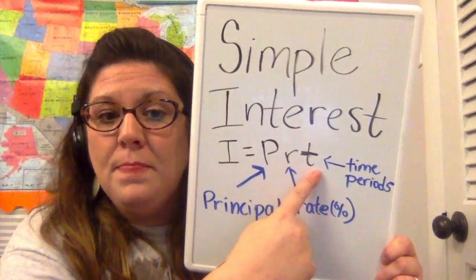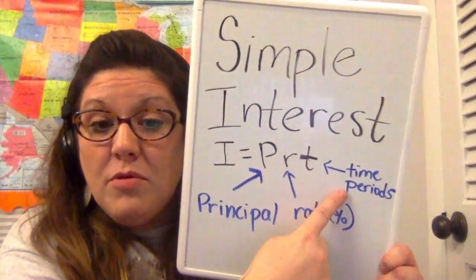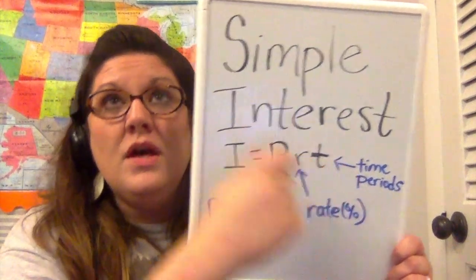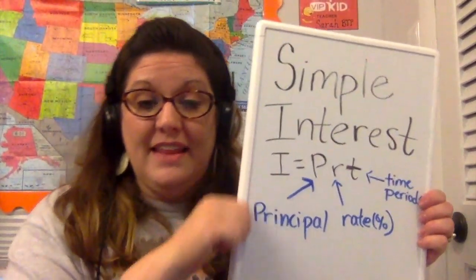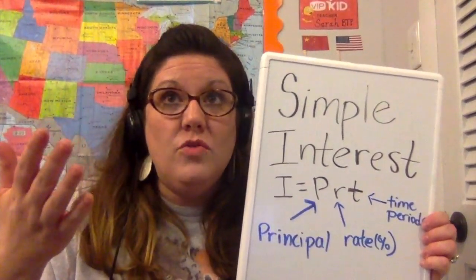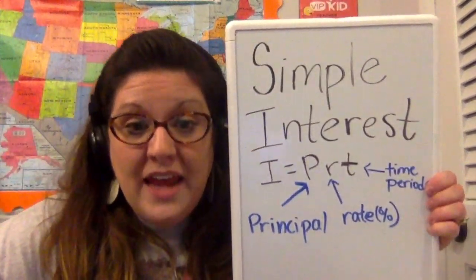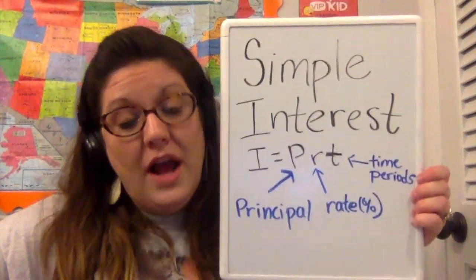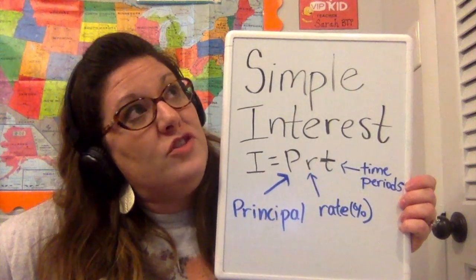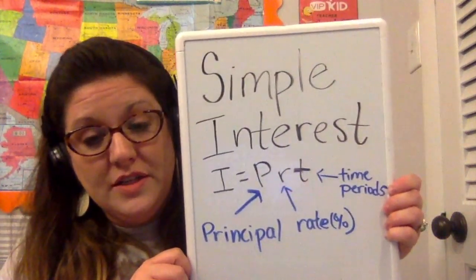The T stands for the number of time periods. So let's say we're calculating the annual, meaning once a year, interest for a savings account after 5 years.